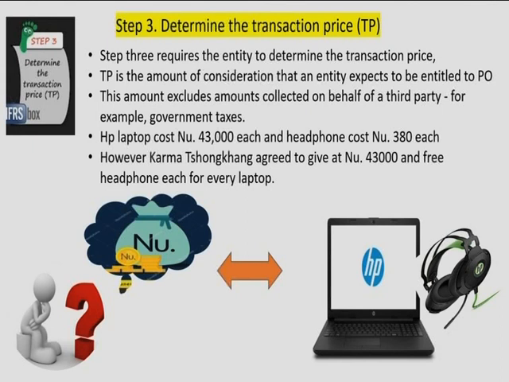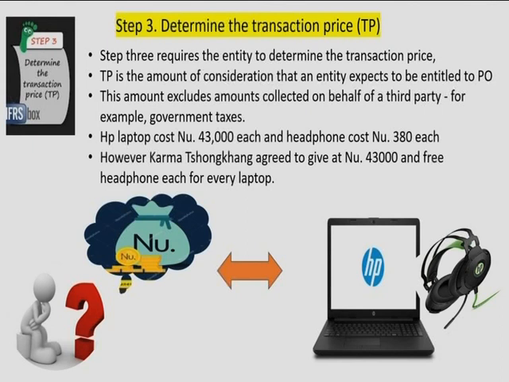The transaction between Pema and Karma Tsongkang is to deliver 25 HP laptops and headphones. When you determine the transaction price, the entity needs to decide at what amount the goods should be sold.